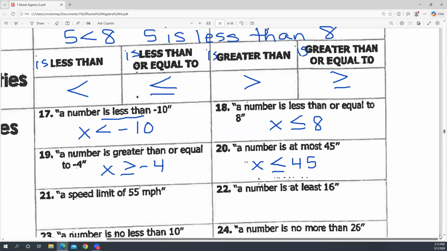At most 45 means 45 is the highest. So that's why it's open to the 45. That is the highest. A speed limit, we should stay less than that, right? So we would want to be less than 55. Is it okay to go 55? That's still the limit. You can meet the limit. So less than or equal.